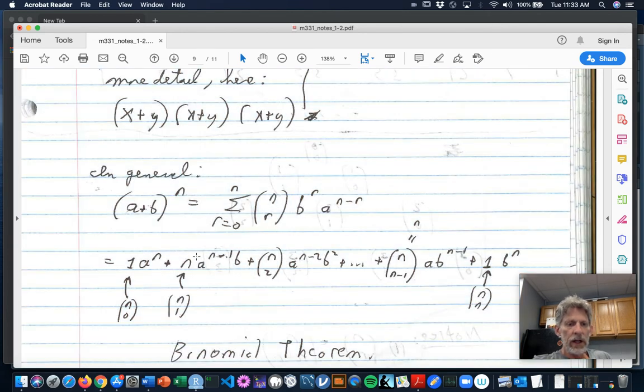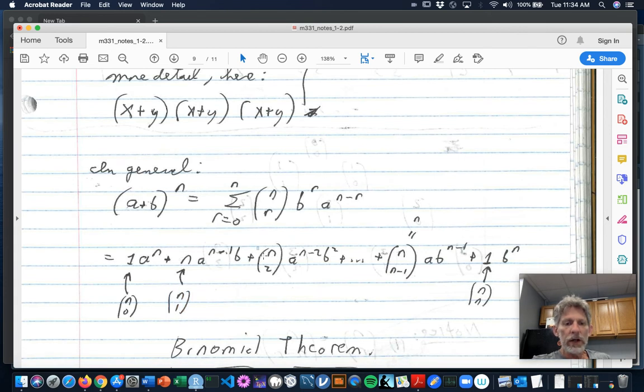Then up next comes n times a to the n minus 1 times b. To get a to the n minus 1 and one b, out of those n factors of a plus b, I pick one of them to have a b, and the rest have a's to pick from. There's n choose 1 ways to do that, which works out to n. And so on and so on.